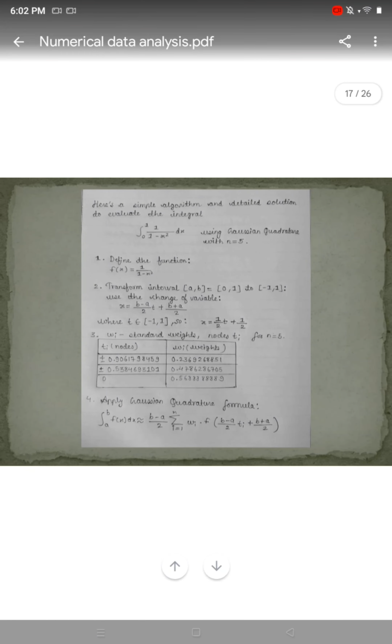Here's a simple algorithm and detailed solution to evaluate the integral from 0 to 1 of 1 over the square root of 1 minus x square dx using Gaussian quadrature with n equals 5. First, define the function f(x) equals 1 over the square root of 1 minus x square. Second, transform interval [a, b] equals [0, 1] to [-1, 1].